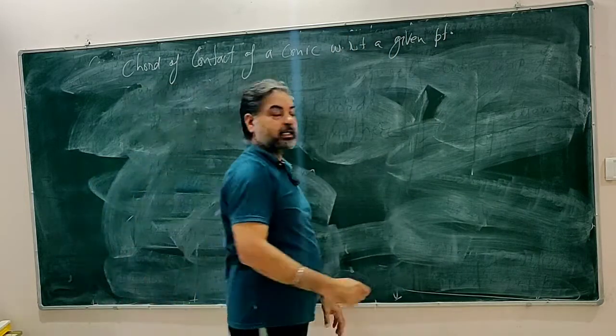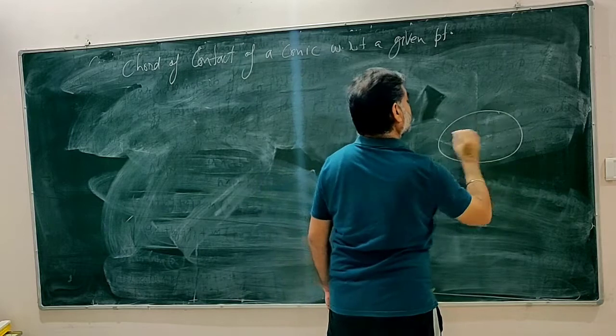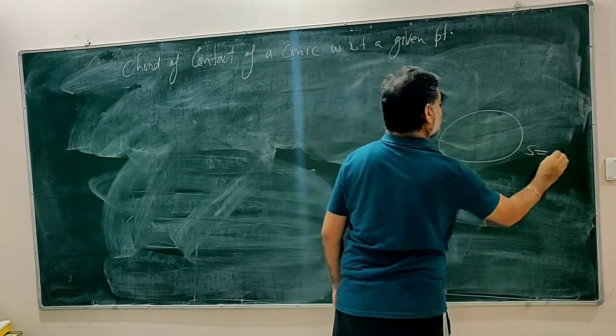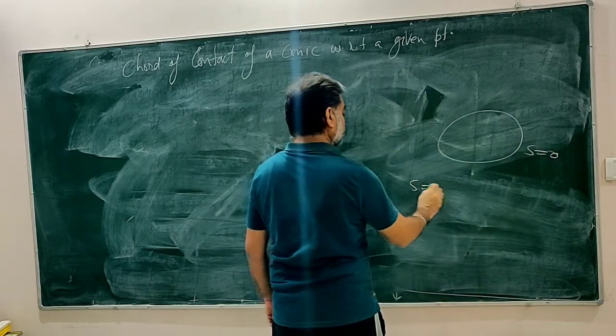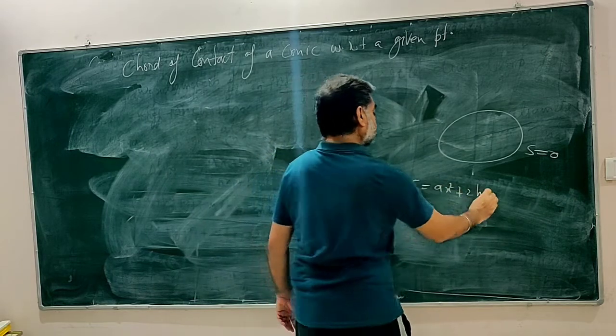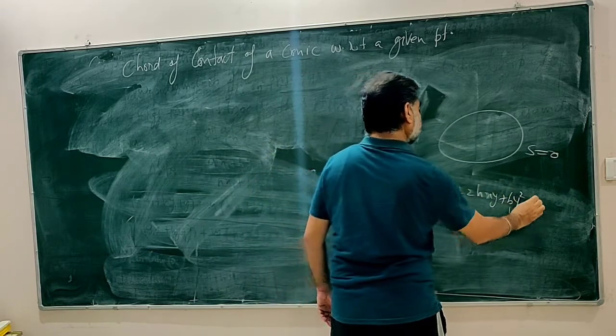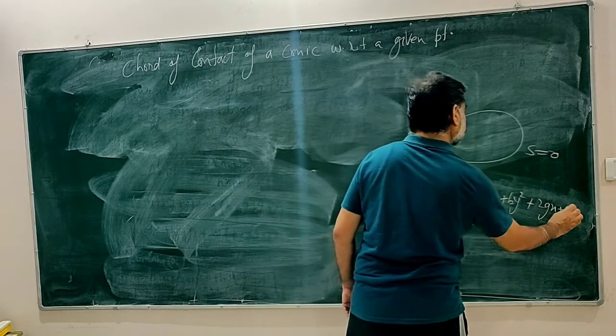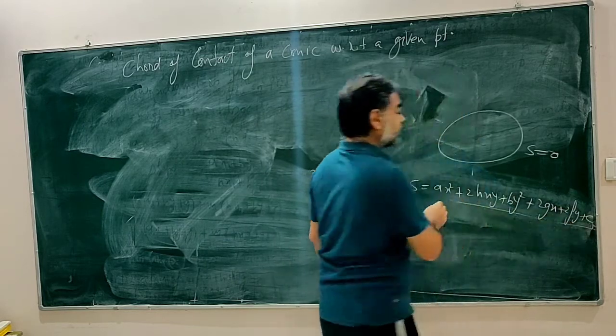Alright, so what is that chord of contact? Suppose we have a conic, say S equal to 0, where S is ax square plus 2hxy plus by square plus 2gx plus 2fy plus c. So this is the general equation of a conic.